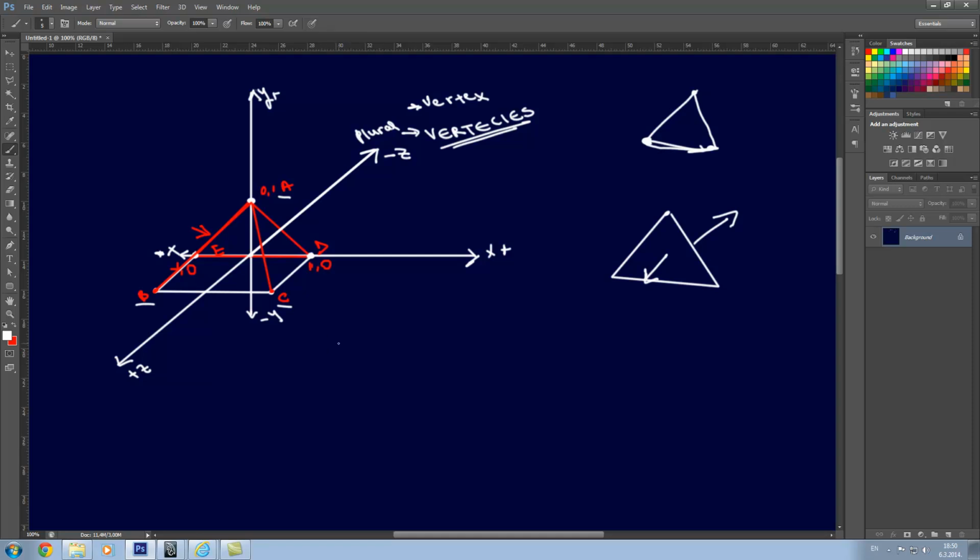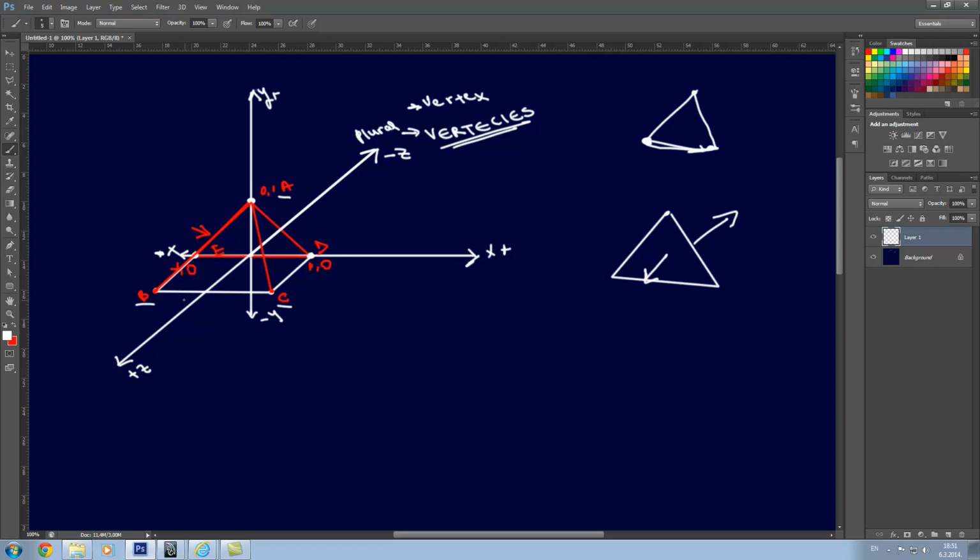Now the question is: should I pass it as C, A, B, or B, A, C, or something like that? Should I start from here and go all the way around to here, or start from here and go all the way around to there? As a matter of fact, it doesn't matter very much. What matters is that you have to be consistent.